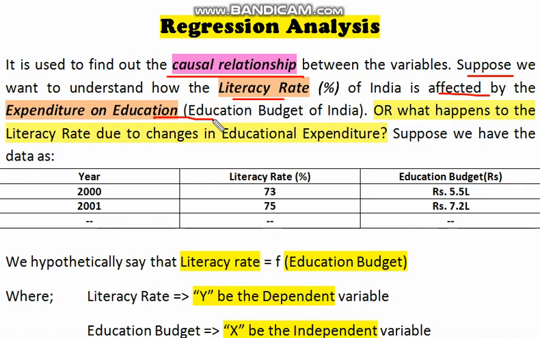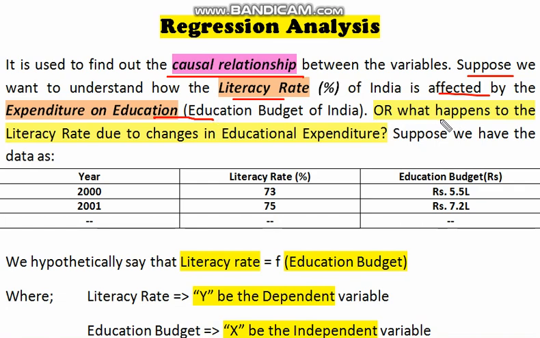Generally the government of India makes the education budget for improving the literacy rate of India. So we want to find out by how much the literacy rate of India has been increasing or decreasing due to the increase or decrease in the expenditure in education, or the education budget, that is being done in India.